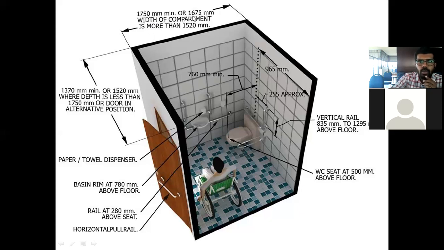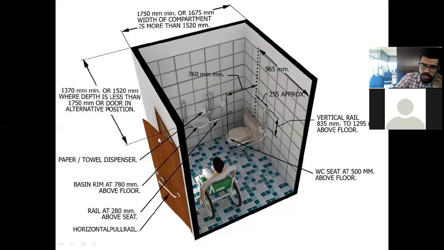1750 mm minimum or 1675 mm width of most compartments. Normally it is more than 1520 mm width, and the length will be 1370 mm minimum or 1520 mm where depth is less than 1750 mm, or door in alternate position.